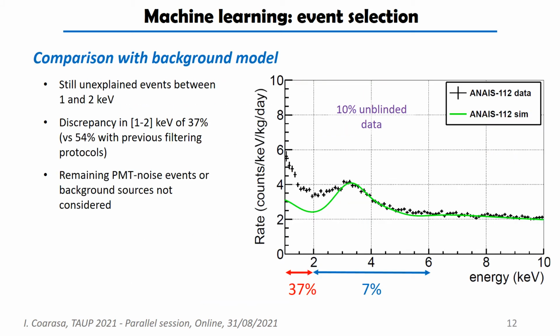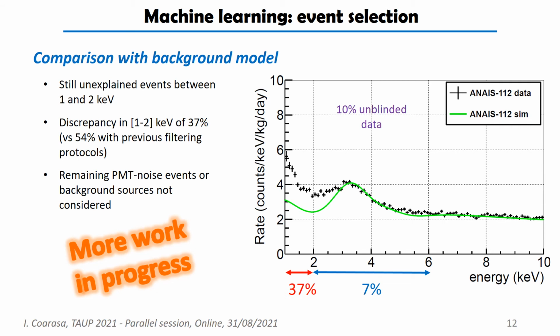Comparing this result with our background model, we observe a 37% discrepancy between 1 and 2 keV versus the 54% observed previously, so there are still unexplained events below 2 keV, which could be related either with non-bulk scintillation events which have not been rejected by our VDT2 filtering procedure, or some background sources which have not been taken into consideration in our model. More work is underway in order to develop additional procedures for the rejection of the remaining PMT noise events.